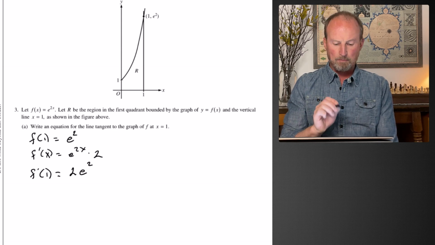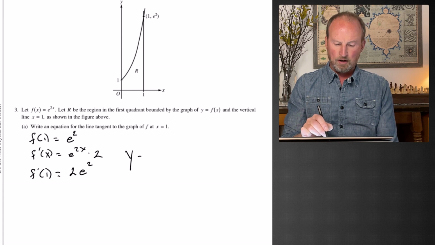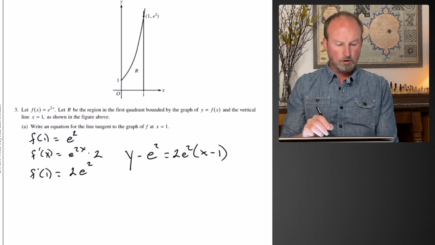Okay, I have my point, I have my slope. Let's use point slope form. y minus y1 equals m times x minus x1.